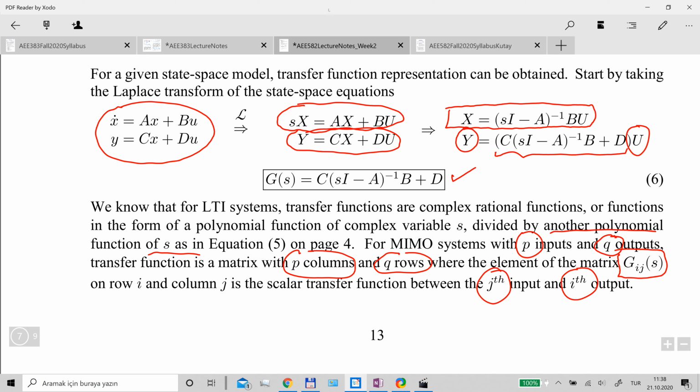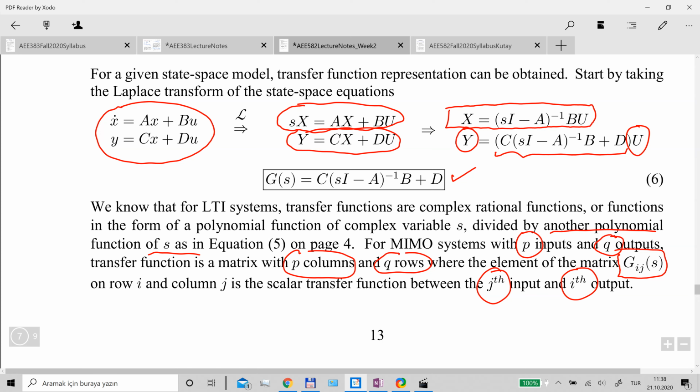For a multiple input, multiple output system with P inputs and Q outputs, it's easy to see that this expression you see in equation 6 indeed gives you a matrix of proper order. C is a matrix with Q rows and n columns. sI minus A has the same dimensions as A, which is n by n.